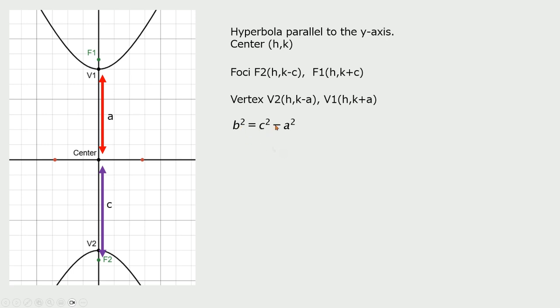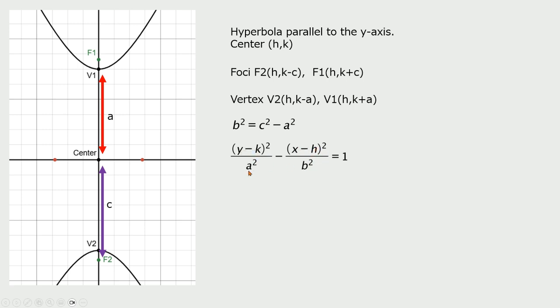B squared, again, equals c squared minus a squared. Now, look at the equation and how it's different than the hyperbola that's parallel to the x-axis. The a squared is still on the left and the b squared is still on the right. However, the y minus k is the positive term and the x minus h is the negative term.